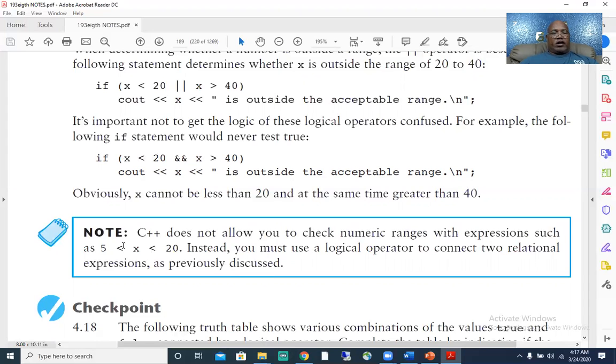I know in math you can do 5 less than x less than 20, but you can't do that in C++. So remember that you cannot do that.